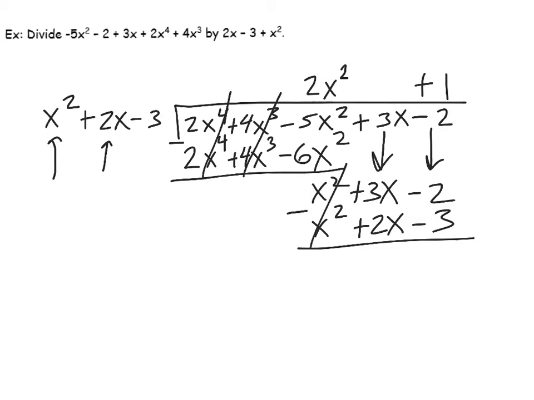All right, so watch what happens here. On the last 2, we had remainders of 0. 3x minus 2x is just x, and negative 2 minus negative 3 is positive 1. All right, so here's what we're looking at.